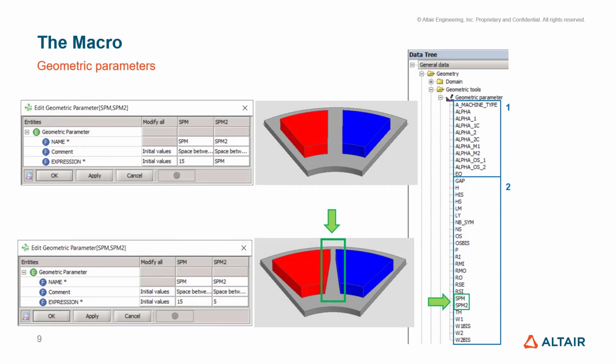In particular, we have some parameters that have their dual, like the SPM parameter that defines the space between the magnets. By default, this parameter and its dual have the same value, as we can see in the picture. However, if we want that the distance between the magnets is not constant, we can edit the SPM2 to have different distances along the radial direction and enter directly a value in the definition, like shown in the picture below.